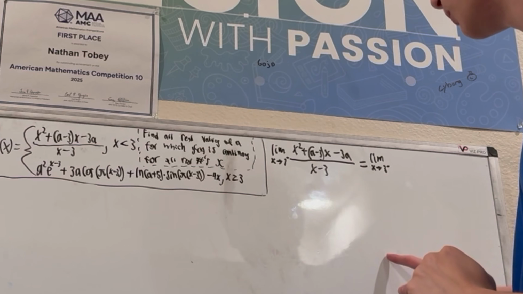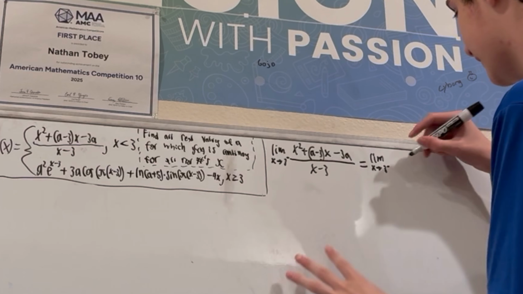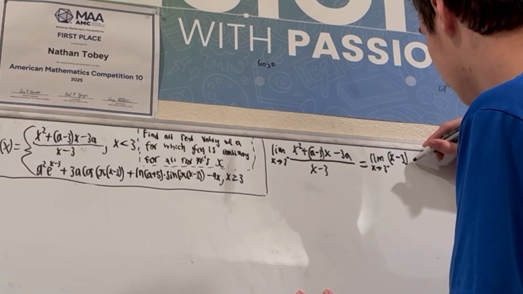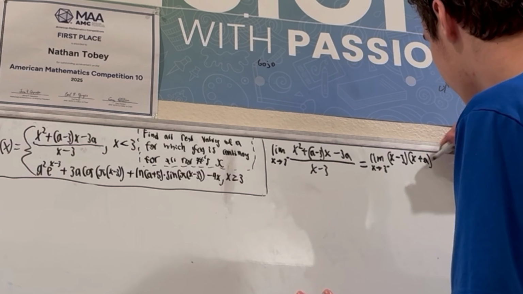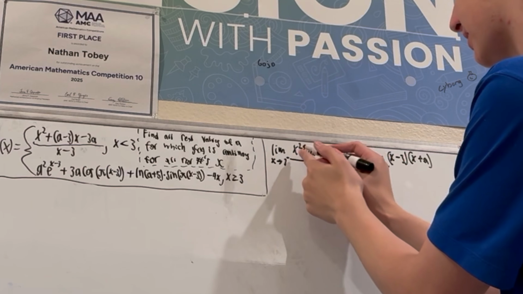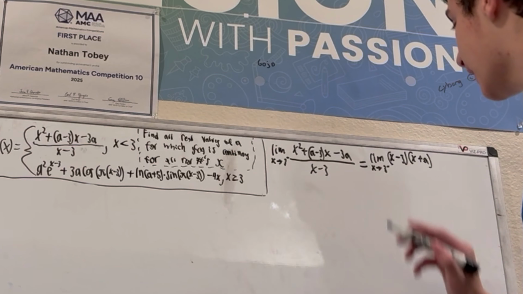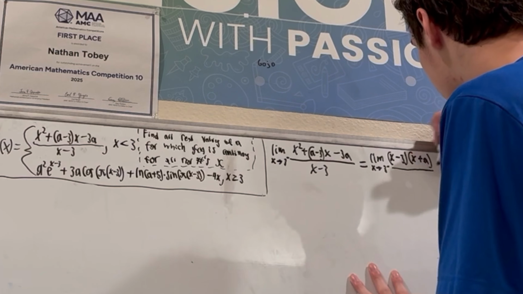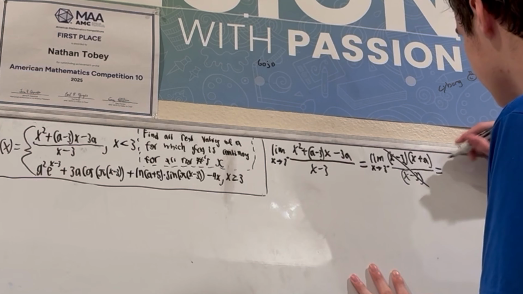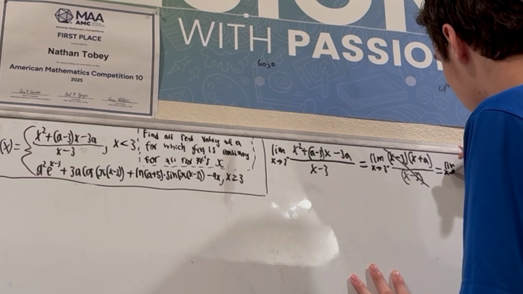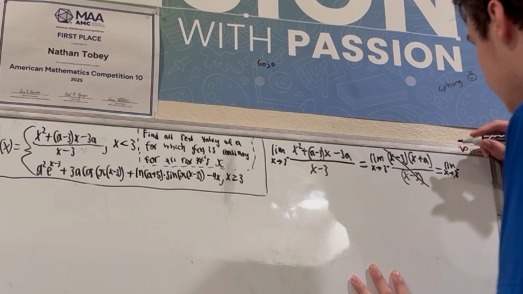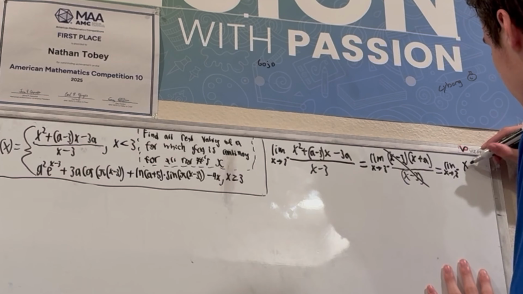If we recognize the form, this is the same as x minus 3 times x plus a, because our coefficient for x is the sum of these two values, this is x squared, and this is minus 3 times a. That is exactly what we have on top. At the bottom, we also have an x minus 3, so we can cancel, and this original limit is simply equal to the limit as x goes to 3 of x plus a.